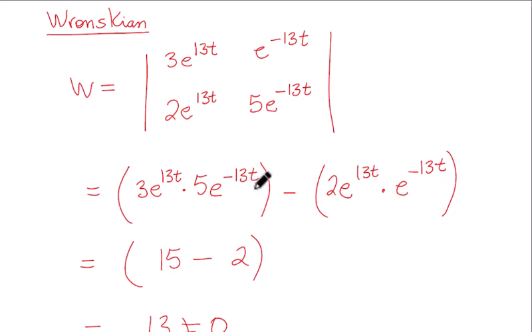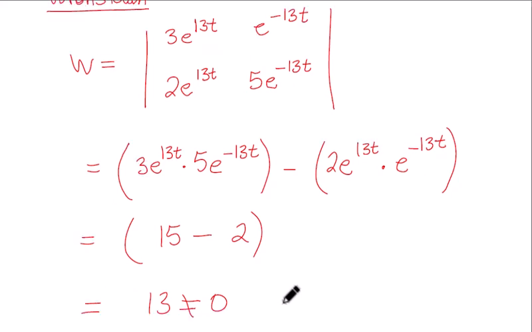The exponents add and you get e to the 0. Same thing happens there. So all you have left is 5 times 3 is 15 and a 2. And so you see the Wronskian is a constant 13. It's never 0. So the two solutions are linearly independent.